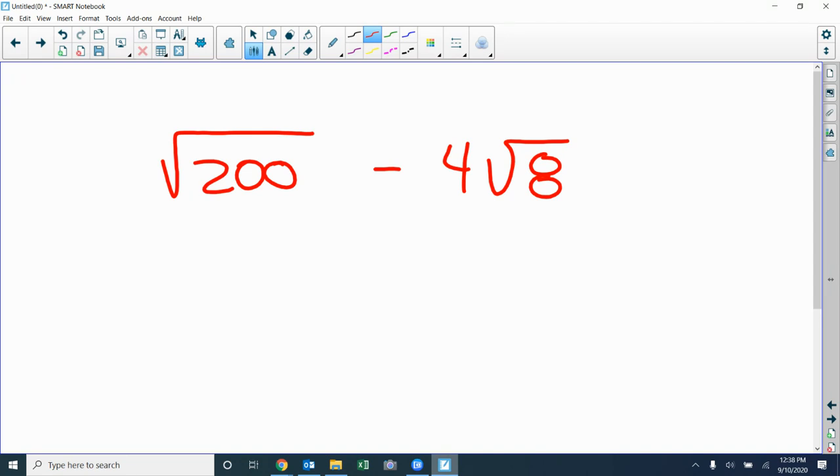First of all, that's already a perfect square. When it's already a perfect square. 200. Not 100 part. Perfect square.